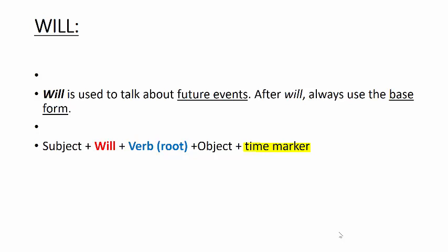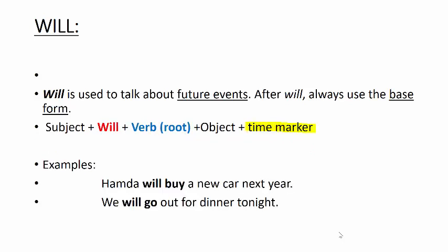So, for example, Hamda will buy a new car next year. Hamda is the subject, and then we have will, and then buy is our root verb. The object is a new car. The time marker is next year.